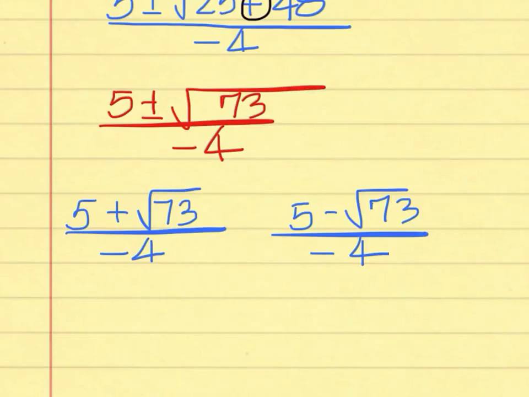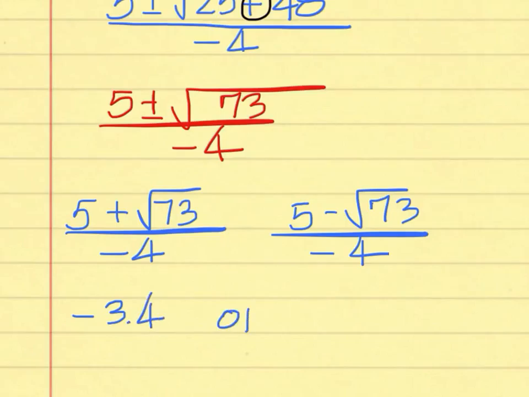Equal, yes, that is right. So you have to do 5 plus the square root of 73 and then hit equals. That's important because if you don't, you're going to come out with the wrong answer. So you get 13 point something, which you now must divide by a negative 4. And the answer should be a negative 3.4.